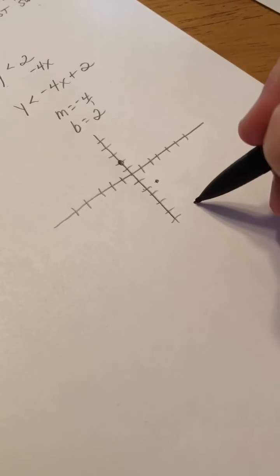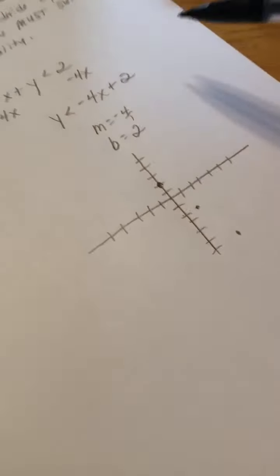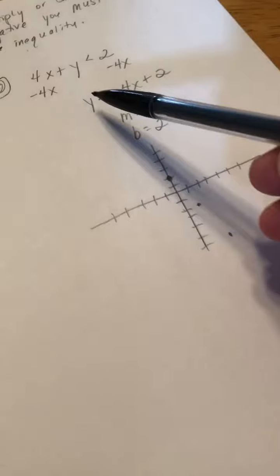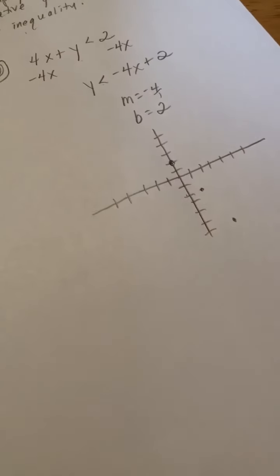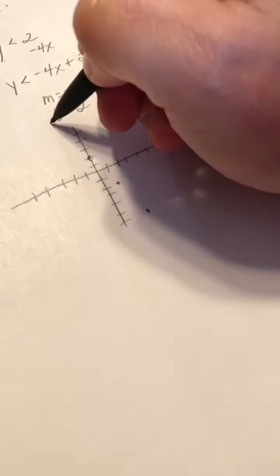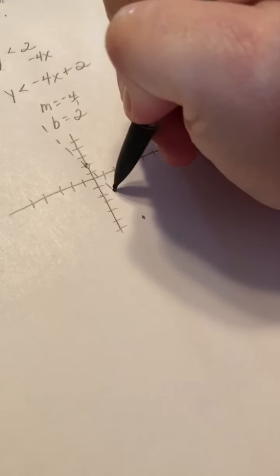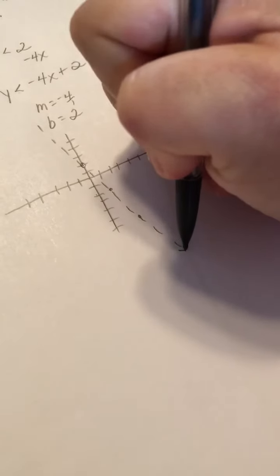Again, you don't have to. And then we need to decide if it is a solid line or a dotted line. Since it is just less than, it is a dotted line. So you need to draw a dotted line rather than a solid line. So a dotted line, and then it is less than, so we shade below.